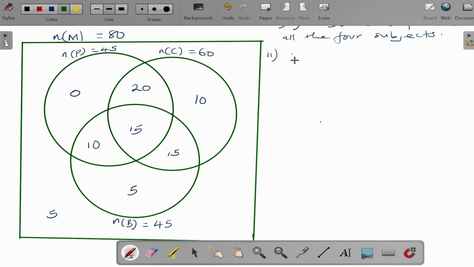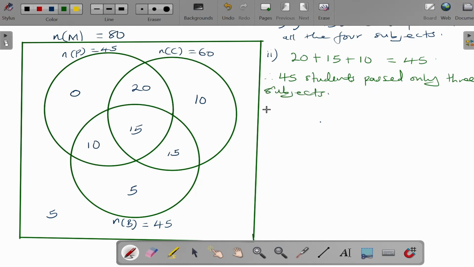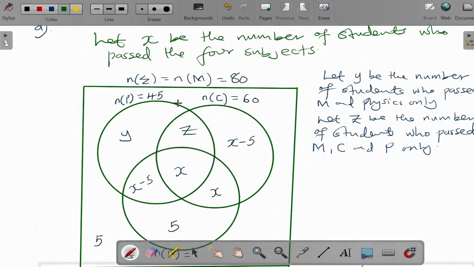So we are going to simply add the 20 plus this 15 plus the 10, giving us the answer as 45. Therefore 45 students passed only 3 subjects.